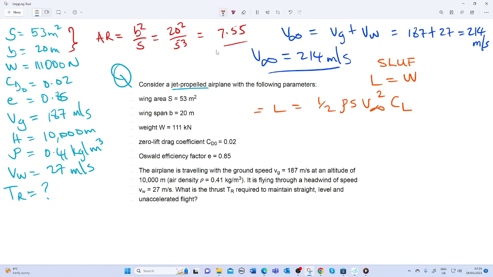And since the lift equals weight, therefore our coefficient of lift becomes what? 2W over rho S V squared.